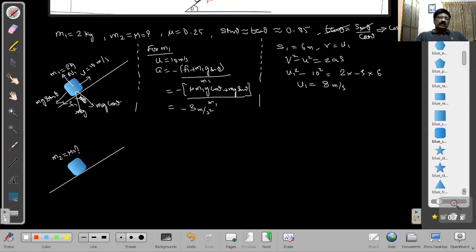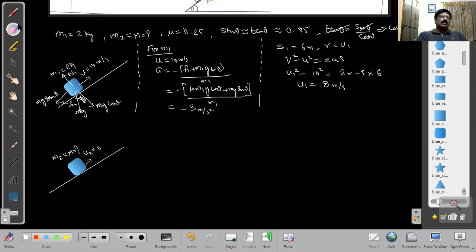So before making collision, the velocity of the second block u2 is equal to 0. But when the first block makes collision with the second block, it starts motion with a velocity, say v2. We have to find that velocity.